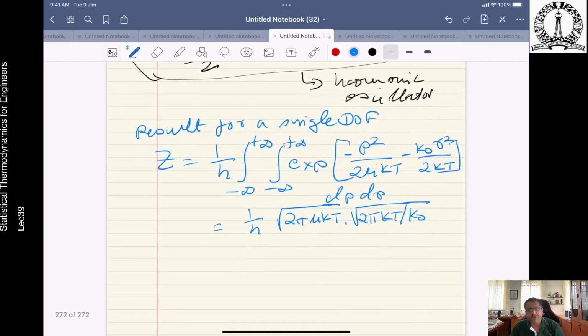So we have conveniently done what? We have separated the contributions to the partition function from the independent momentum and position terms. Okay?